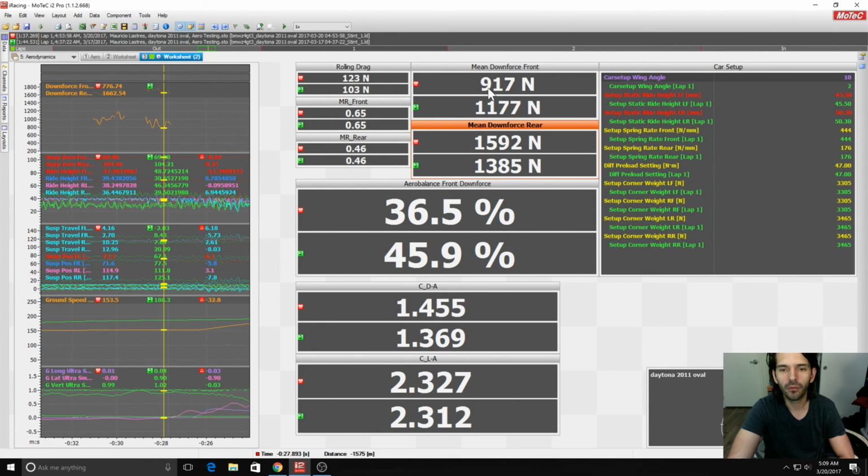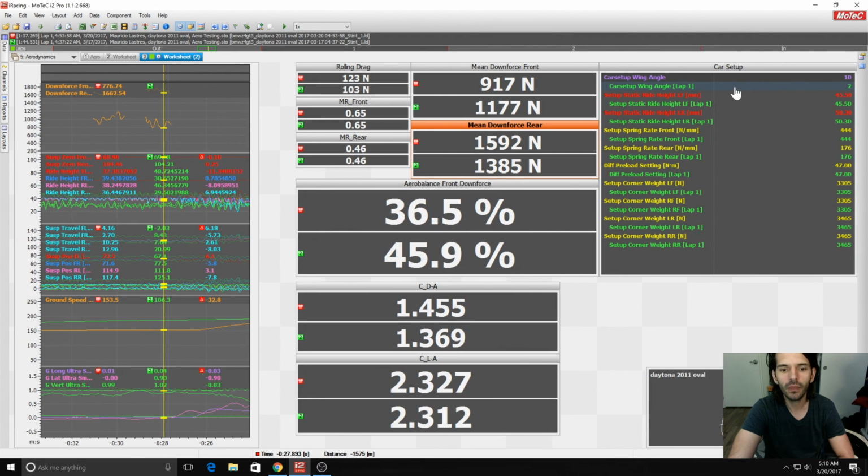So before, 917 newtons in the front, that went to 1500, and then at the rear, that increased a little bit as well. The total downforce, the rear downforce went down. So we increased front downforce, the rear downforce went down, and the front percentage changed from 36 to 45.